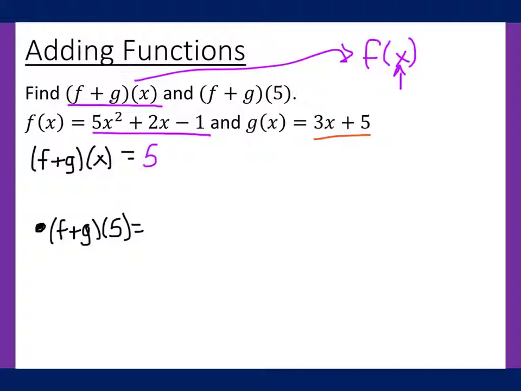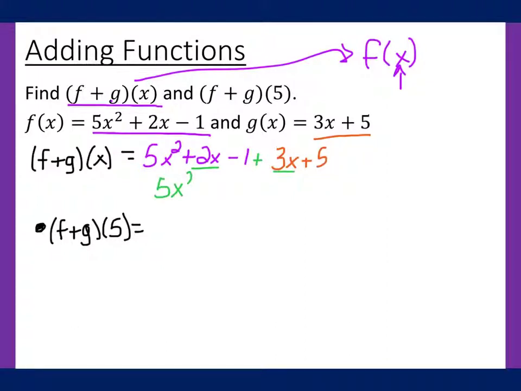So 5x squared plus 2x minus 1 is f, 3x plus 5 is g, and since it's f plus g, we're going to add those together, which means any like terms we have, we need to add together. So like 2x and 3x.